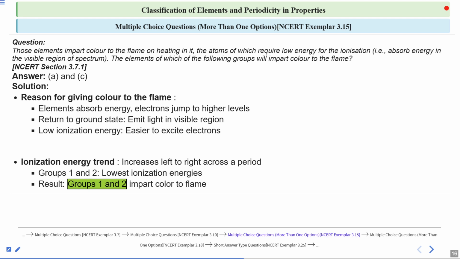For the display of color, its electrons should be easily excited, and the alkali and the alkaline earth metals belong to the leftmost columns of the periodic table, and hence electrons can be easily excited for them, and therefore they impart color to the flame. I guess this is clear to all of you, right? Now you can say that your options A and C will be correct.